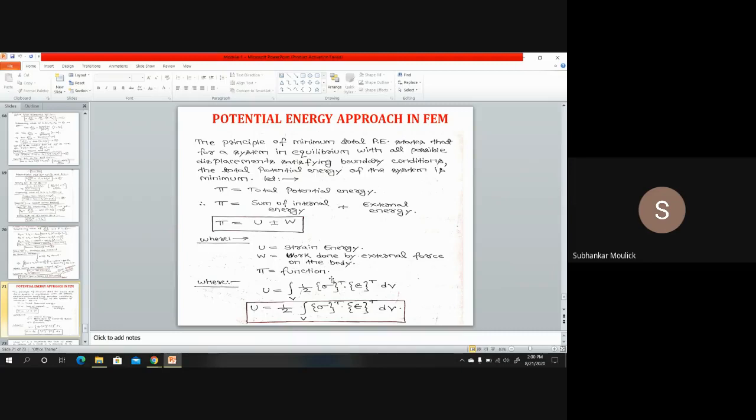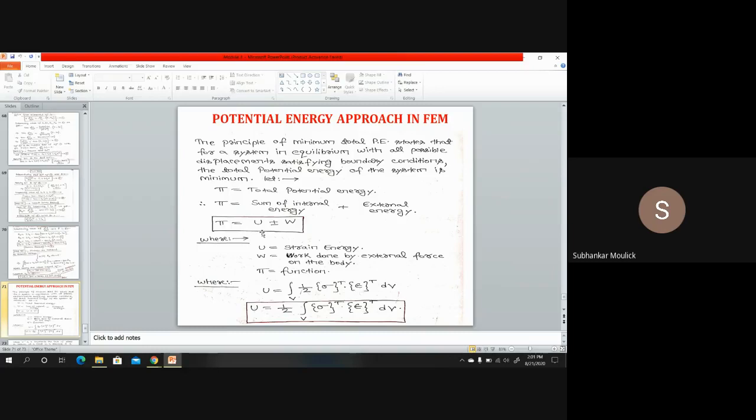Fine. So before starting that Rayleigh-Ritz method, first let us understand what is this potential energy concept or potential energy approach in FEM, because we will be using this potential energy approach to find out the approximate solution by Rayleigh-Ritz method. Now what is this potential energy approach? The principle of minimum total potential. That means in this approach we find out the total potential energy of the given problem by the concept of principle of minimization. What is this concept?